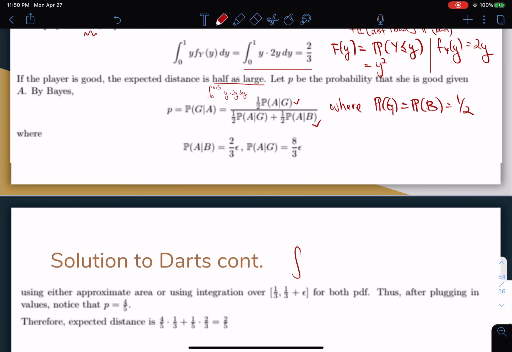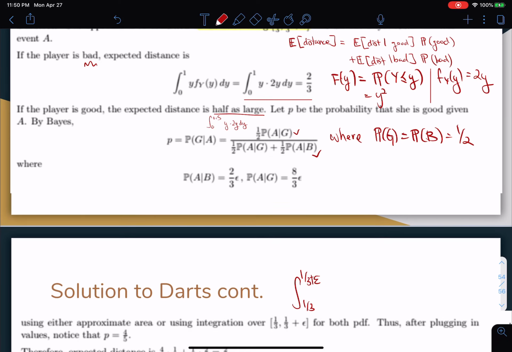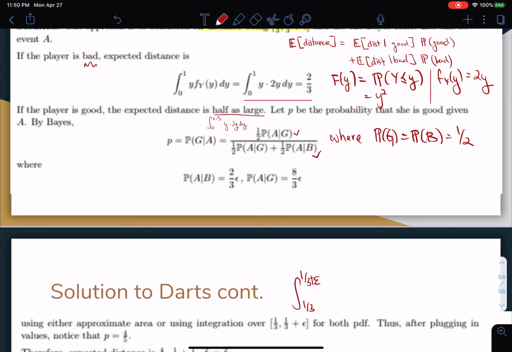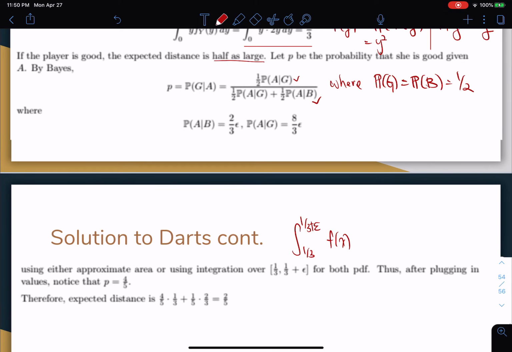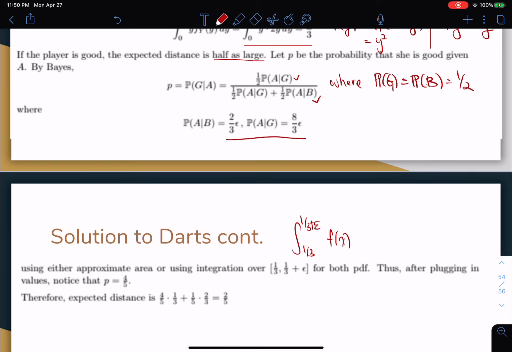I'm just going to show you one example for the PDF that you have. And you just multiply the PDF, and that should get you to the right answer. And then you just plug in the values, and then after that, you notice that this is going to be 4/5.